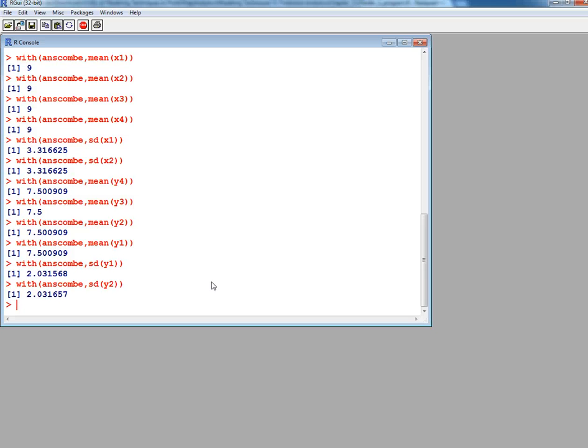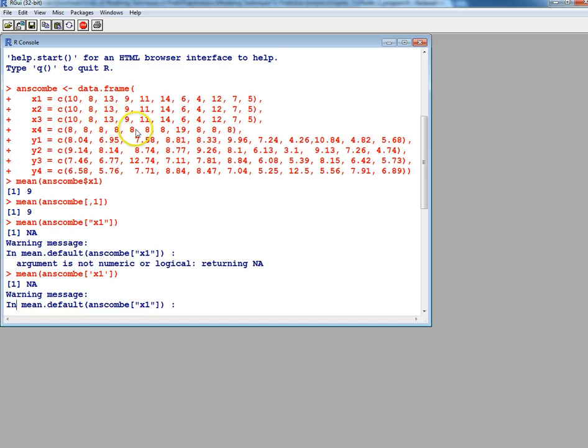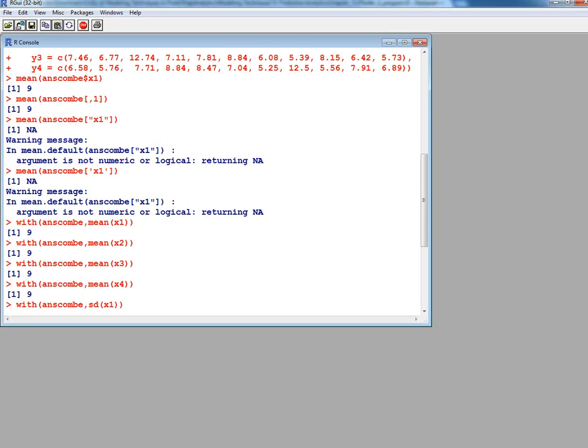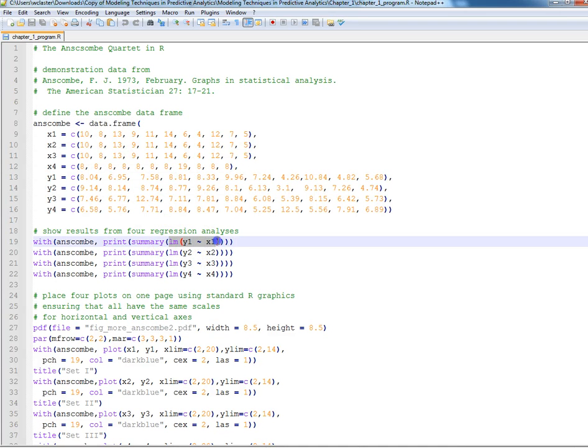So it looks like for the y's, the means and the standard deviations are all the same, even though the numbers are different, right? Okay, let's do one more analysis of this. Now, what does this part inside here do?